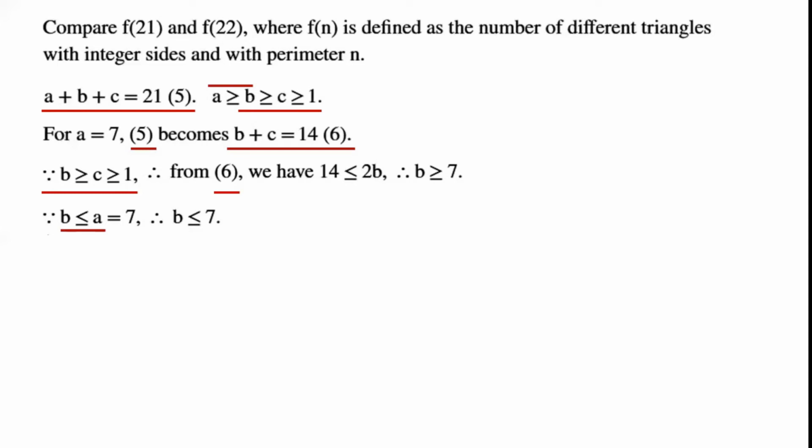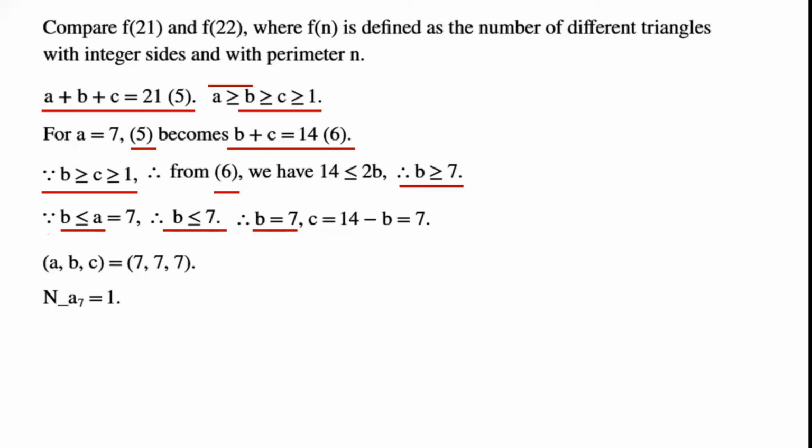So b = 7, and c = 14 − b = 7. (a, b, c) = (7, 7, 7). So the number of triangles with largest side 7 is 1.